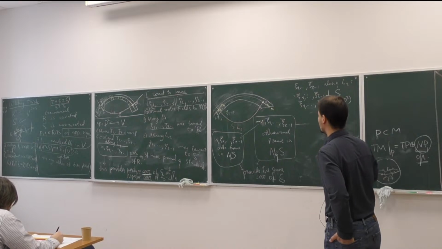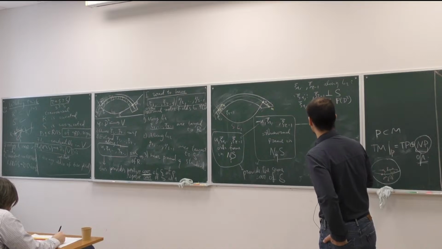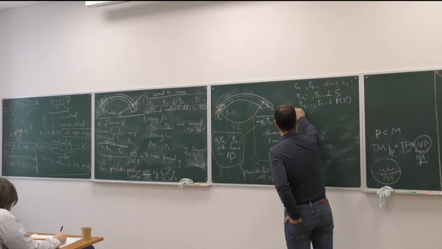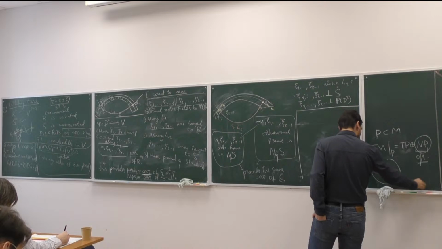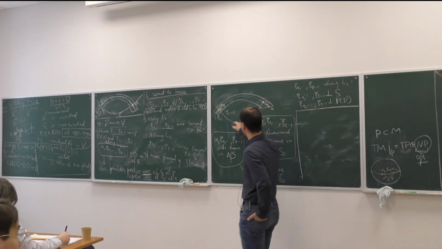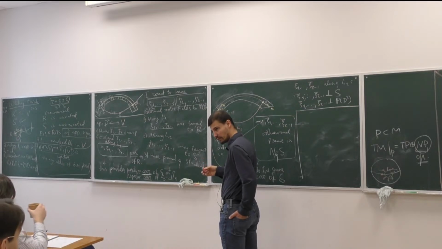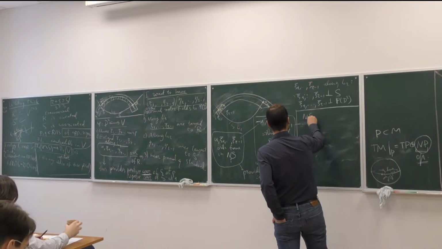What I want to say, look, we have got, and now I will explain why it's minus. Along this loop L2, we have the normal bundle to S. We can restrict it to L2.